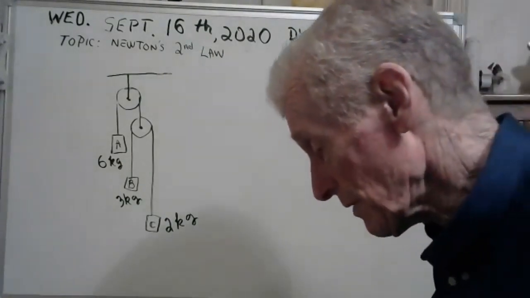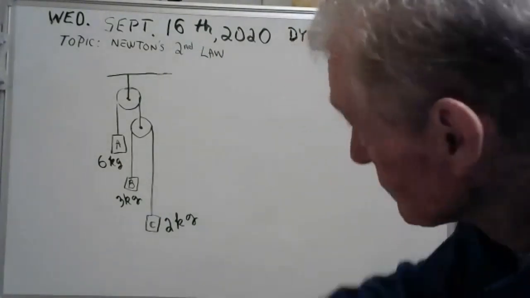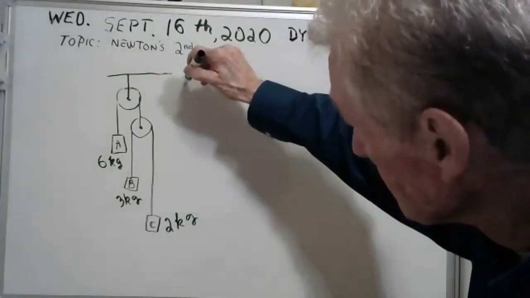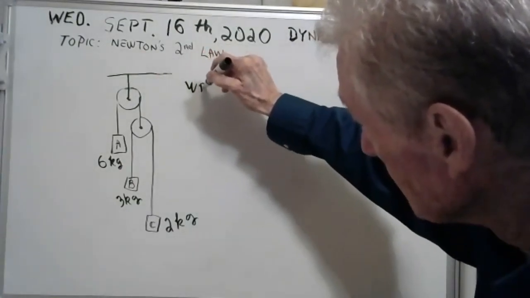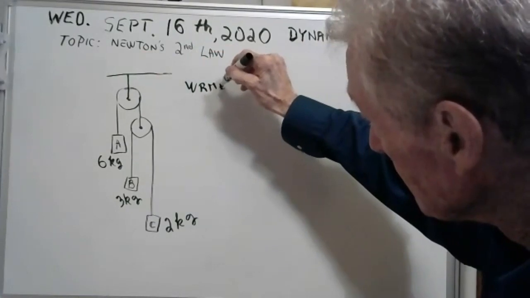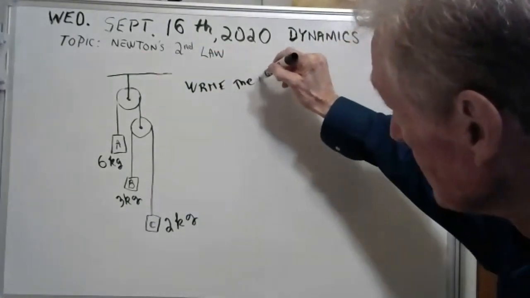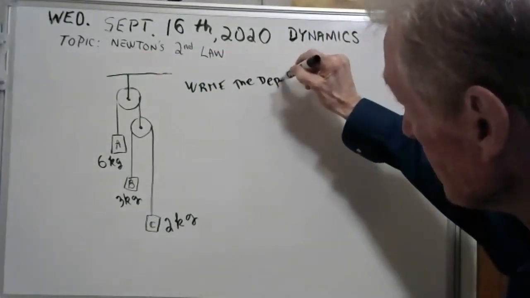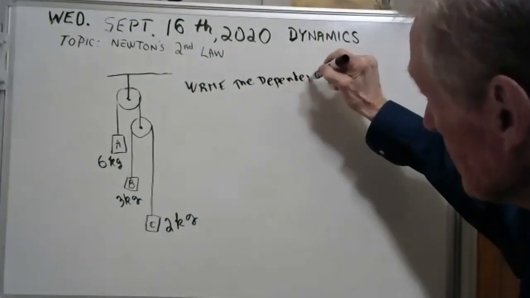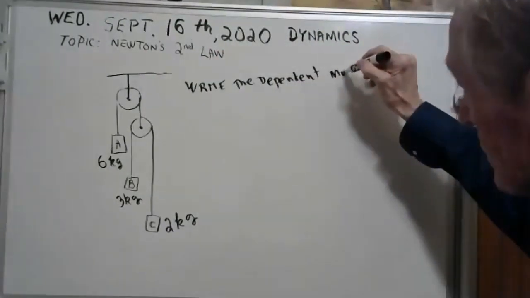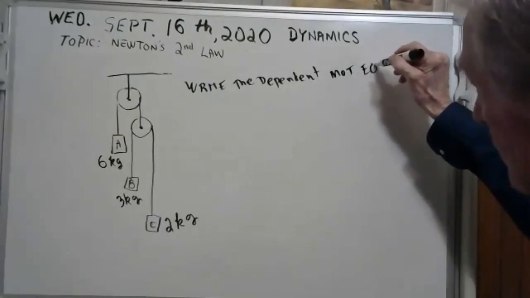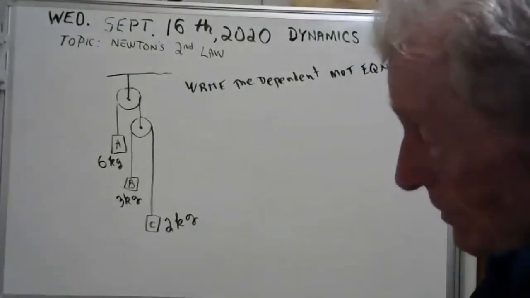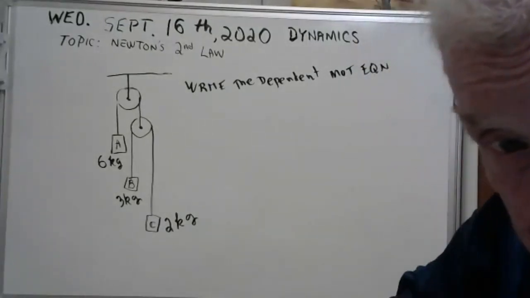But the first thing you have to do is to write the dependent motion equation. Now, if you get this wrong, you're never going to get those tensions right.